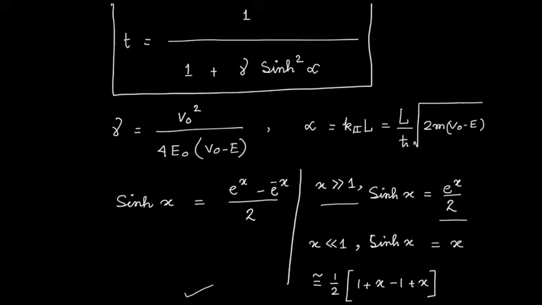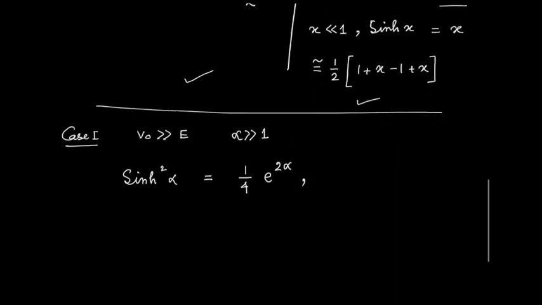So in the gamma expression, in the denominator, V0 minus E I can write as V0. Let me do it once for you: gamma is V0 square by 4E (V0 minus E). V0 is much greater than E, so I can forget E. One V0 cancels out.